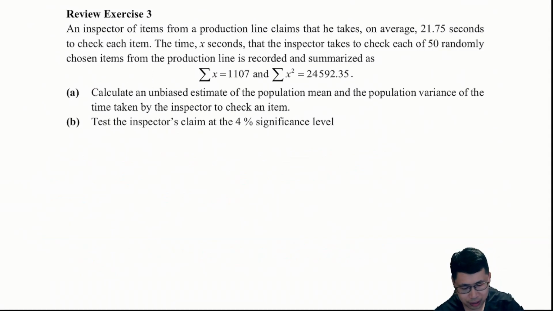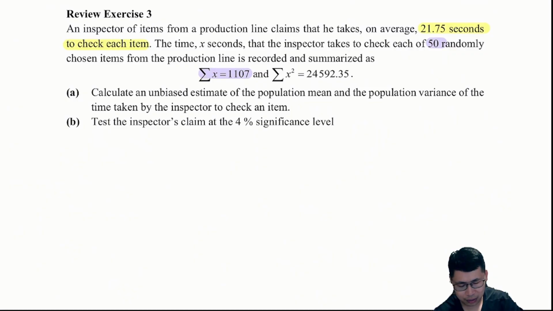Question number 3: an inspector of items claims that he takes on average 21.75 seconds to check each item. The time x seconds that the inspector takes to check each of 50 randomly chosen items is our sample.